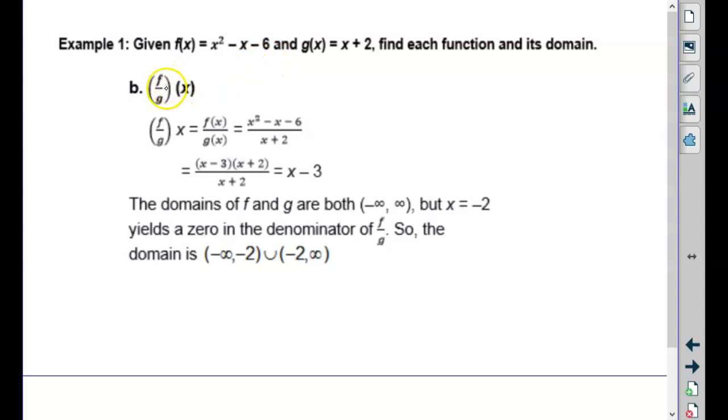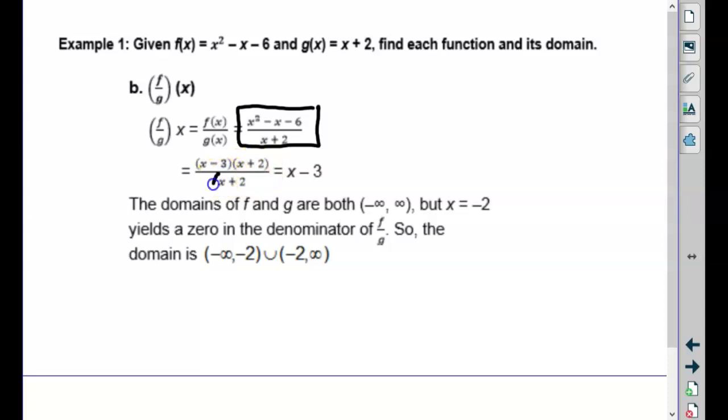All right, this says put f over g. So you would write f on top of g, that's it. This particular one though, you could factor the top, and does anybody see what happens here? This factor cancels. Remember, you cannot cancel as long as there's adding and subtracting going on.